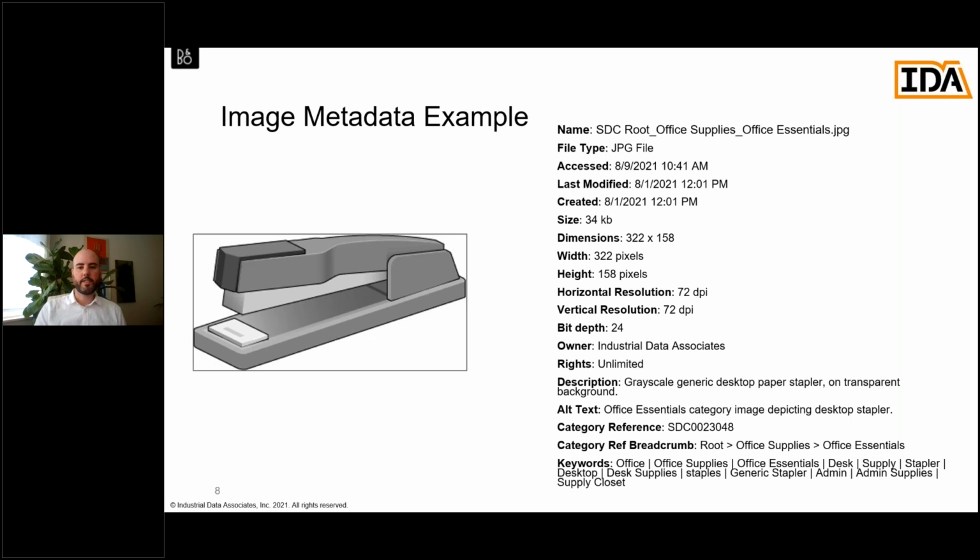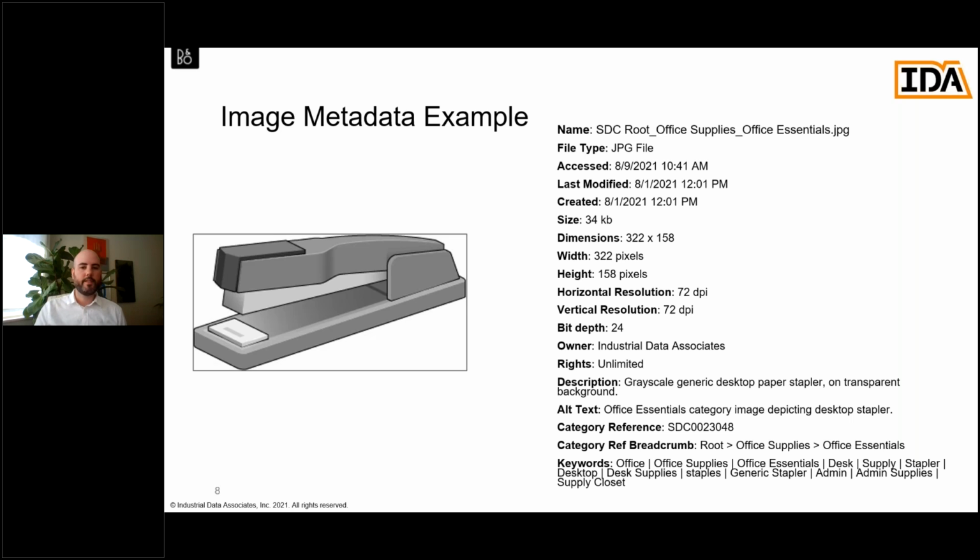That's also made more explicit in a category reference metadata field and a breadcrumb reference. But image naming tends to be a really important functionality, and controlling image naming as you add new images to DAM also is an important functionality.